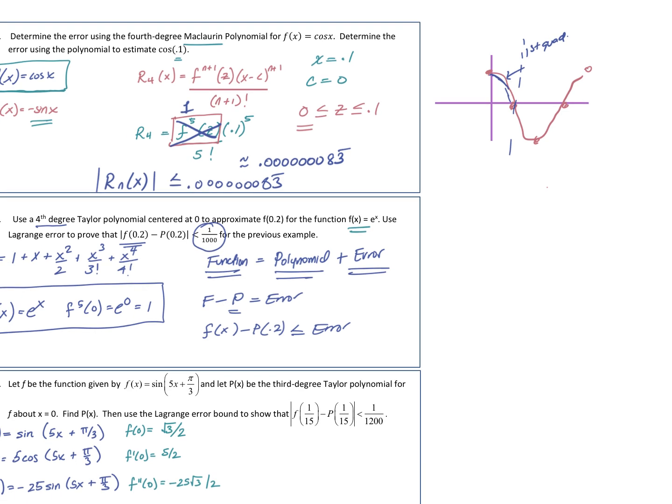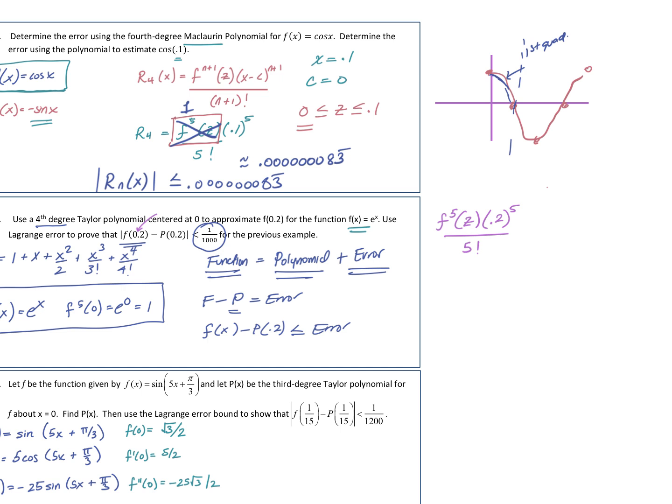All right, so it's f5 of z, then it would be x minus the center. Now x is the 0.2, because that's what's on the inside here, right? It's f of x is your notation. So it's 0.2 to the 5th power over 5 factorial.